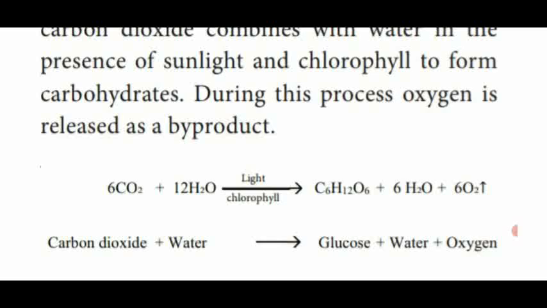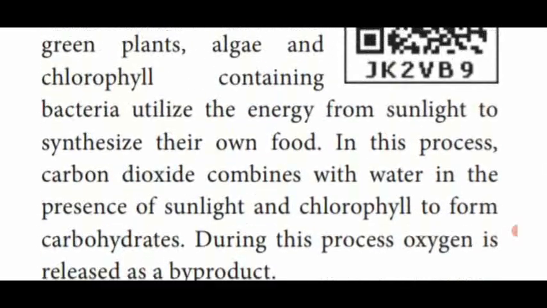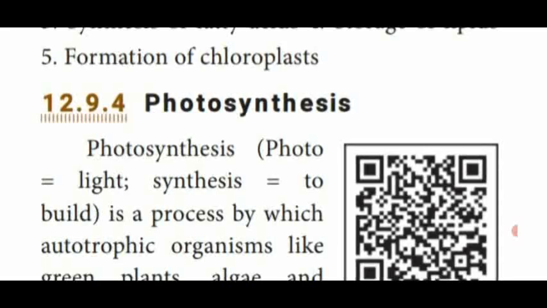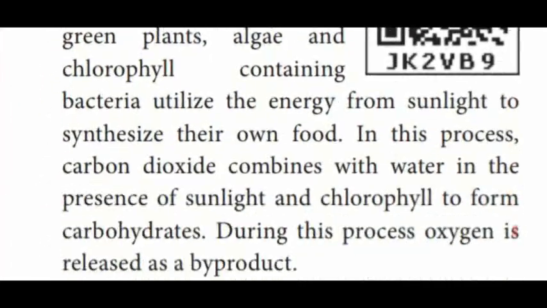That process is called photosynthesis. Photo means light. Synthesis means to build or produce. That means by using the sunlight, they prepare the food material. That process is called photosynthesis.